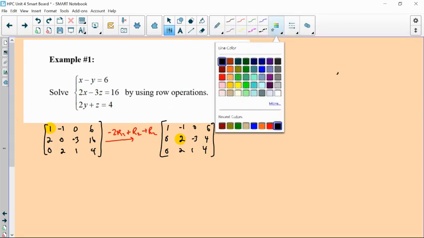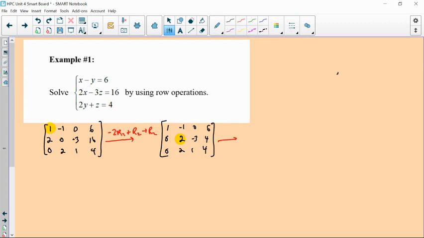So my row operation would be 1/2 of row 2, and it's going to stay in row 2. Row 1 doesn't change: 1, negative 1, 0, 6, and then 0, 2, 1, 4. But now when I do half of row 2, that's still 0, but now that's a 1. That's negative 3 over 2, and then that's a 2.